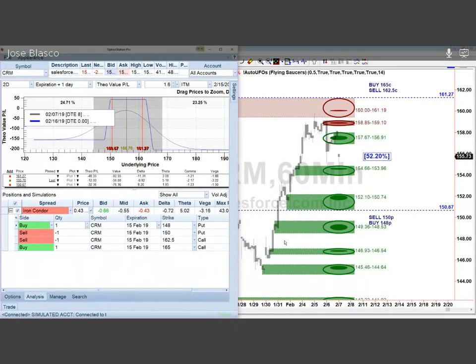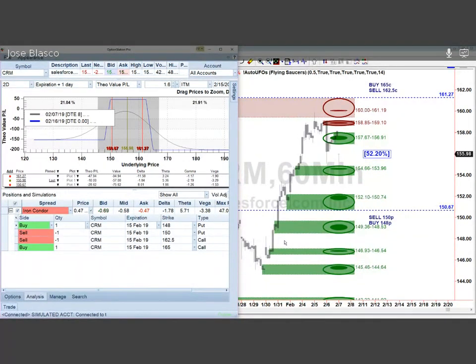So the next question is, based on speed of price movement, how likely is it to reach 161.27 or 150.67? If you were to ignore the UFOs, which you should not, just based on speed of movement, how much would it take for that stock to reach those points, and therefore how much time decay would be accumulated before you get stopped out.